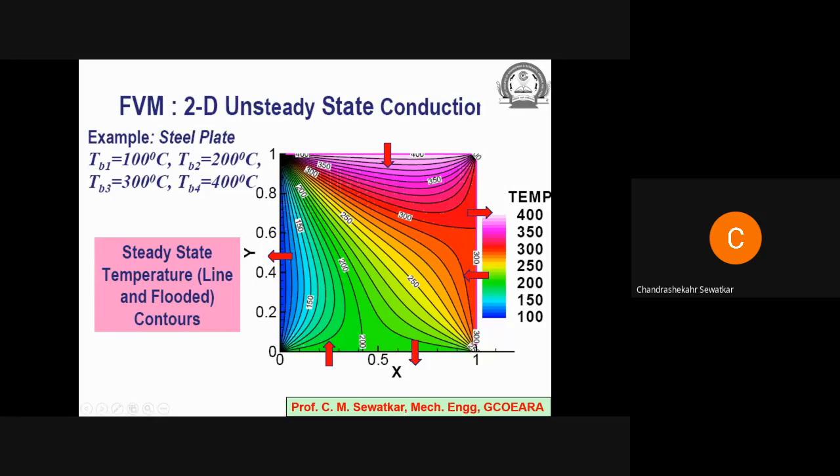And the analytical solution suggests that the temperature at the center of the square plate should be the average of the four temperatures, that is 100, 200, 300, and 400. The summation is 1000. 1000 by 4 turns out to be 250, and the temperature at the center of the plate is 250. So that means the methodology which we have adopted here is giving us the correct result.